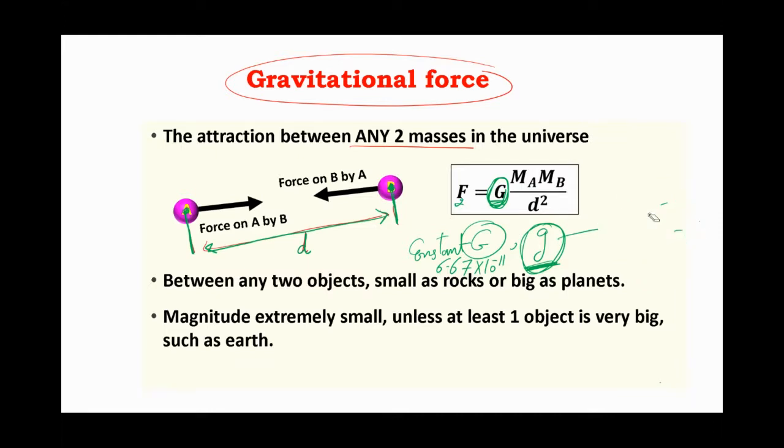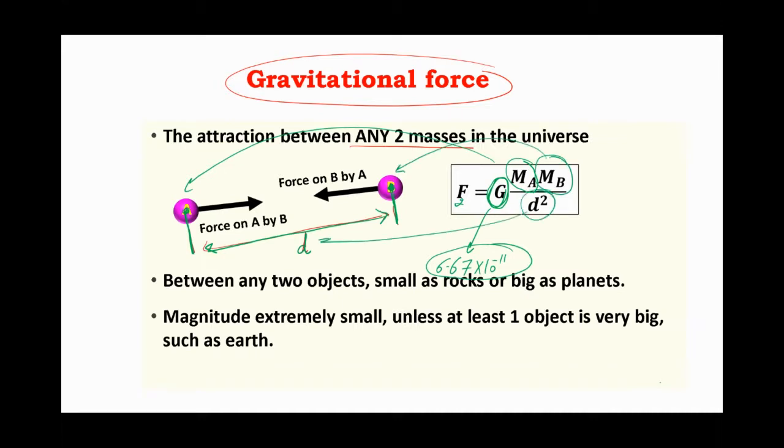Anyway, so let's go back to the force F. The force F equals a constant G, which is the universal gravitational constant. Or we can say the gravitational constant, it's 6.67 times 10 to negative 11. Times the mass of the first object, times the mass of the second object, divided by the distance squared.